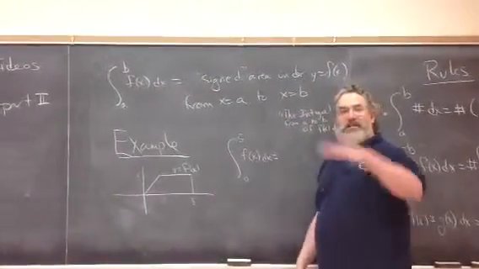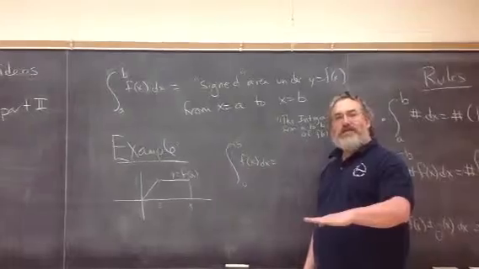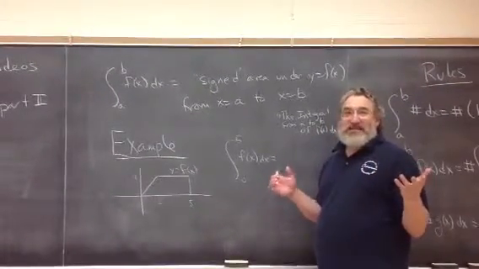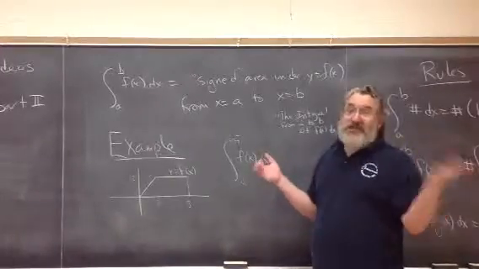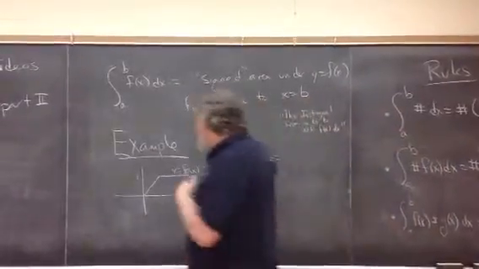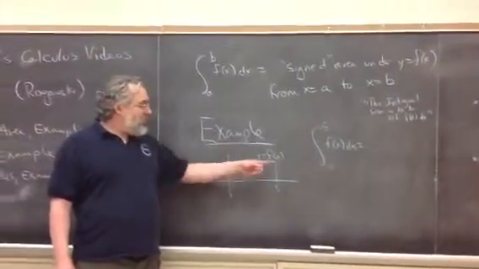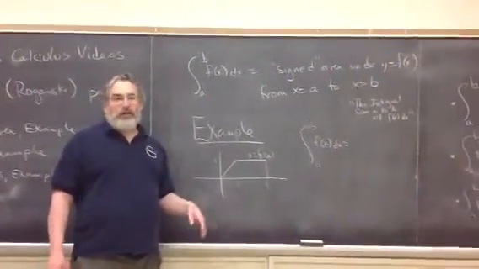Now, signed area means if it goes below the x-axis, we count it as negative area. In real terms, negative area doesn't make sense. It's like antimatter, except antimatter exists, negative area, not so much. But for our purposes, sometimes we need negatives.